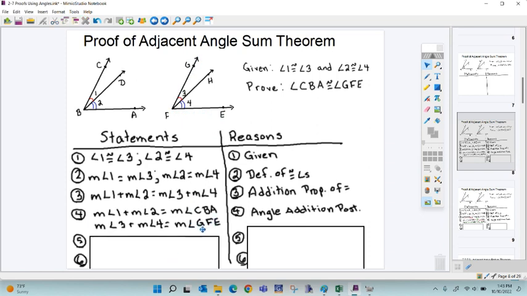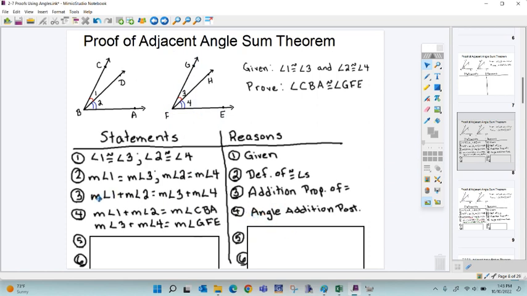We need to use the three-letter method that we talked about because if I just said angle F, you wouldn't know if I meant this little angle or this little angle or the big angle. So remember, the vertex goes in the middle in naming our angles, angle GFE. Angle 3 plus angle 4 equals measure of angle GFE. So those are both true by the angle addition postulate.